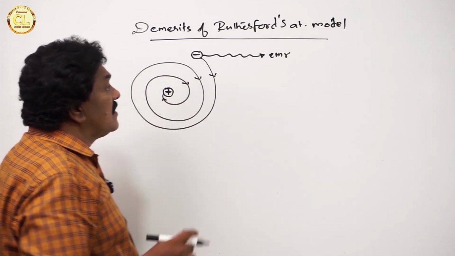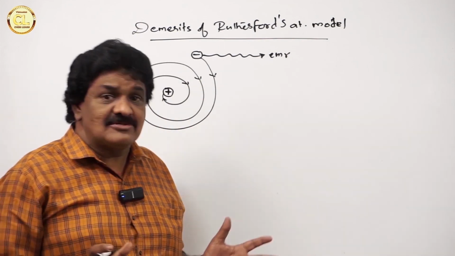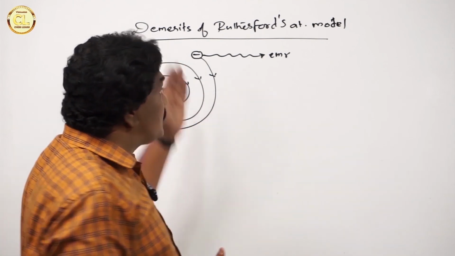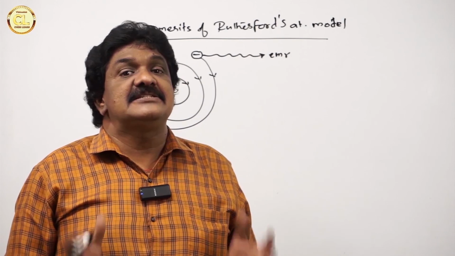Actually, if this happens, an atom may collapse. But this is not actually happening. Why? Because atom is stable. Therefore, Rutherford's atom model fails to explain the stability of the atom.